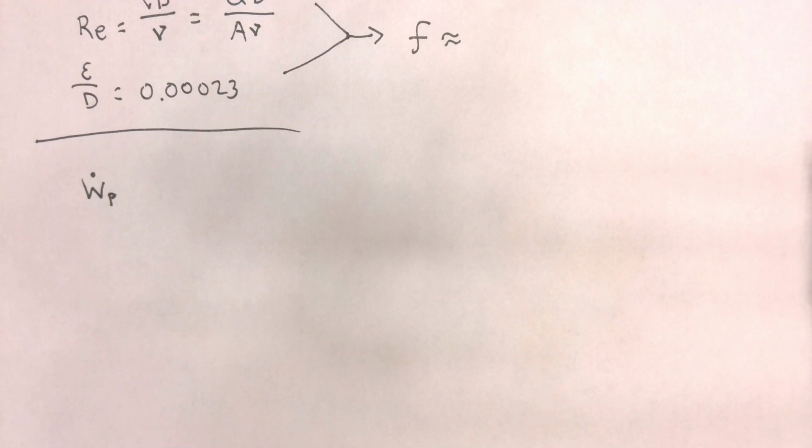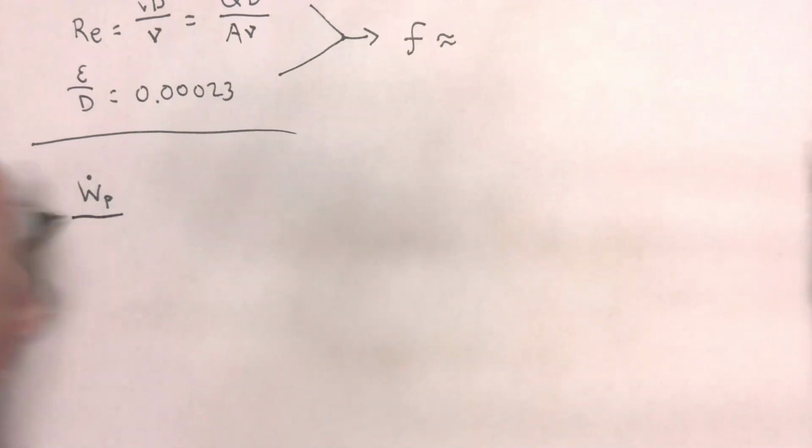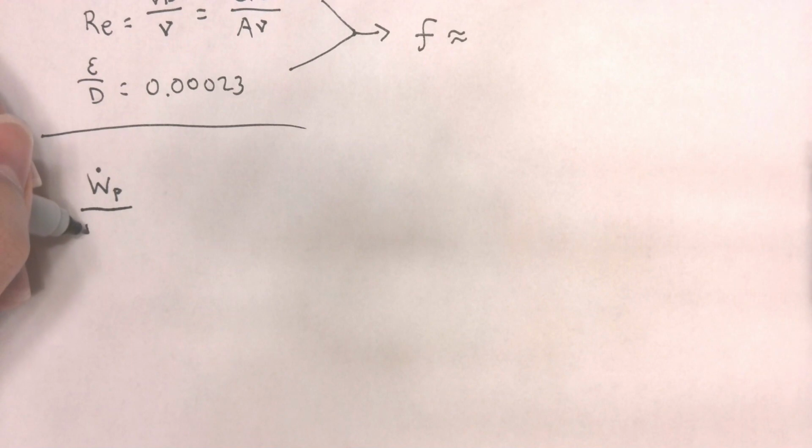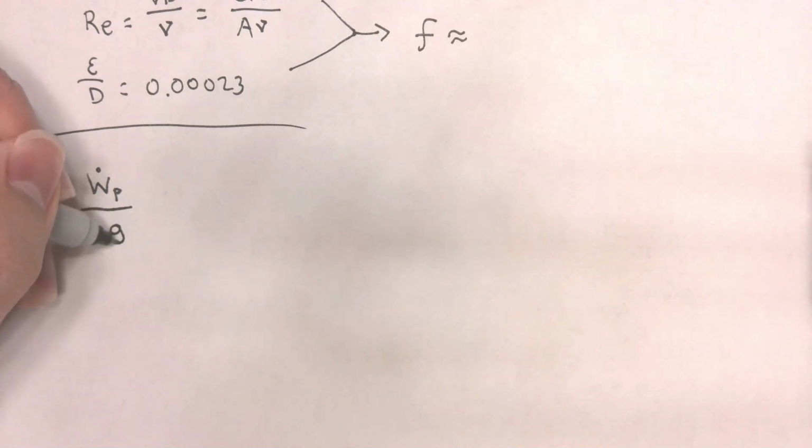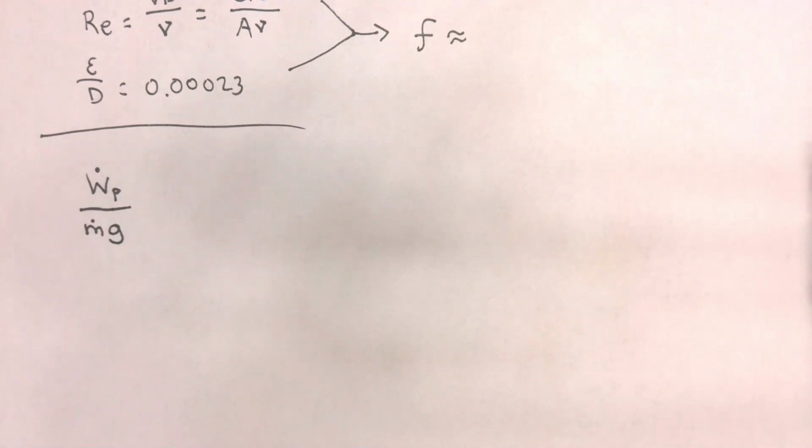This was back when we derived it in class. And in order to convert this to feet, I think that we divided everything by mass flux times gravity. Now, I don't remember if that's correct or not, but basically, what are the dimensions of power? Power is work over time, right?